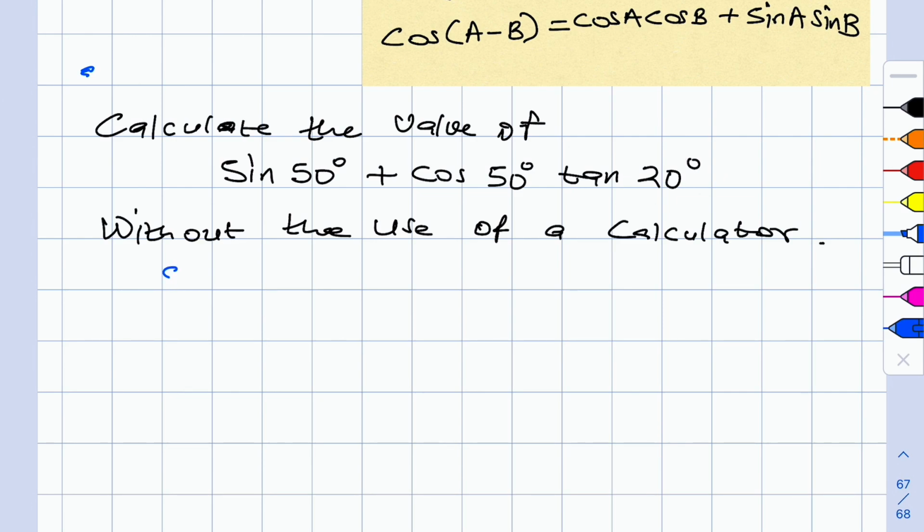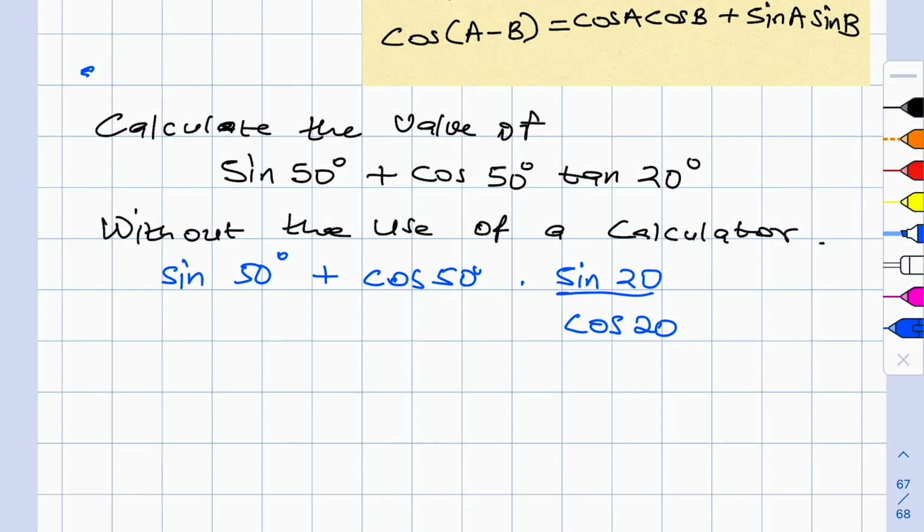So you'll have sine 50 plus cos 50 and then multiply by sine 20 all over cos 20.